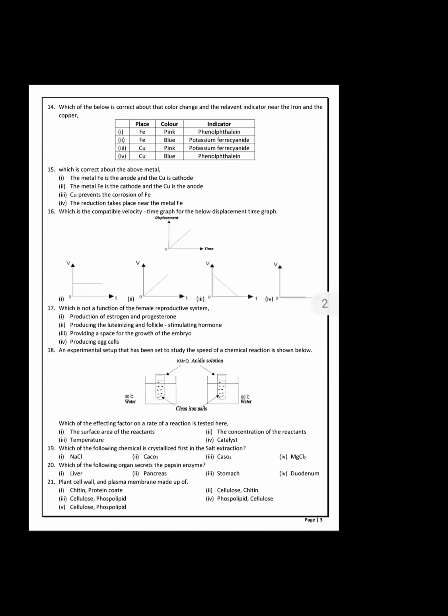Place, color, indicator: Fe pink, phenolphthalein; Fe blue, potassium ferricyanide; and copper pink, again potassium ferricyanide; and copper blue, phenolphthalein. What will be the answer?